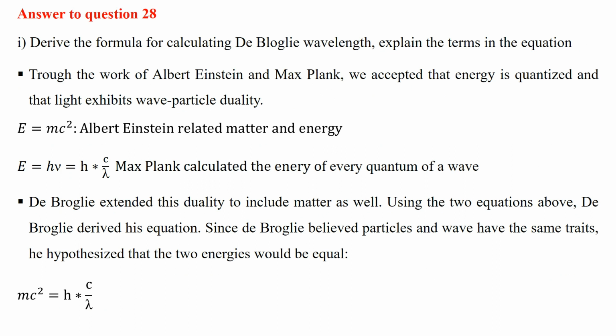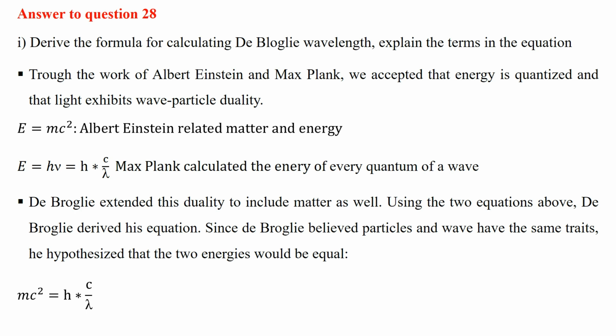So, de Broglie has used two equations. One equation from Albert Einstein relating matter and energy, and another equation from Max Planck which relates energy and the quantum of wave. De Broglie extended the two formulas.